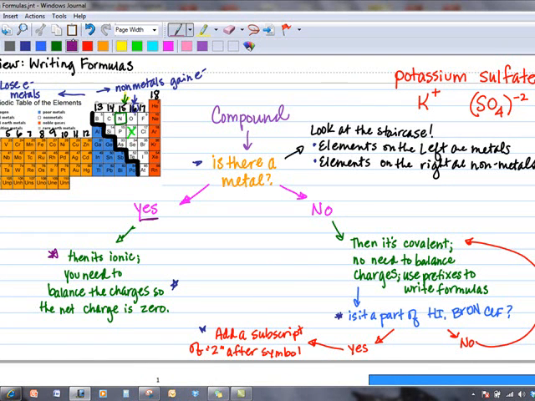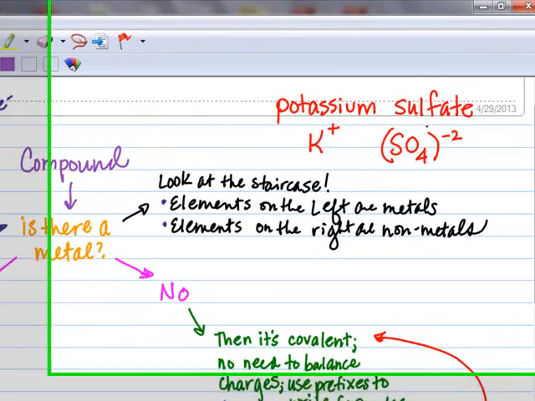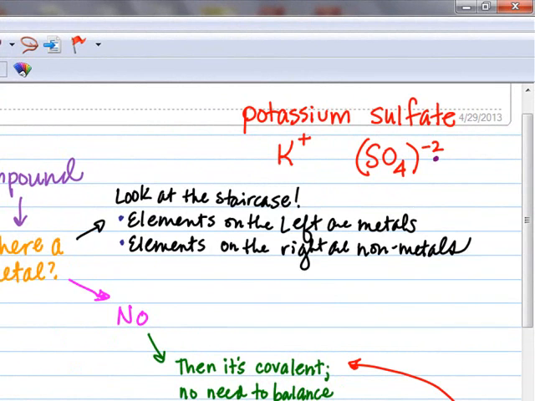So, in order to figure out what the formula is for potassium sulfate, I take the 2 from sulfate, and I'm going to rewrite it at the bottom of K. And I'm going to take the 1 from the +1 of K, and I'm going to rewrite it at the bottom of SO4. So my formula is K2SO4 with a 1.